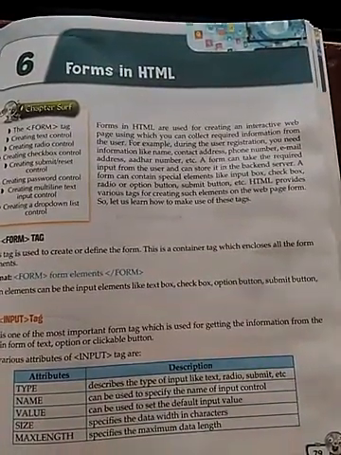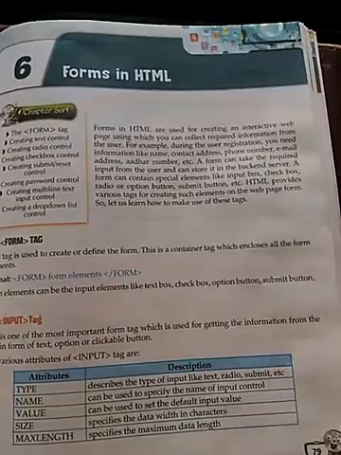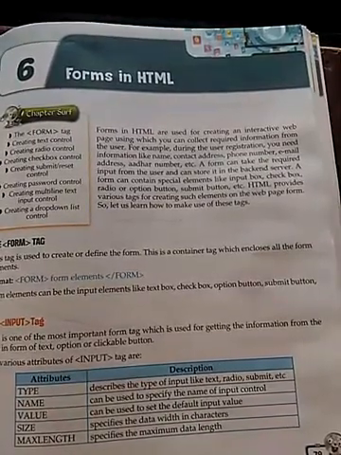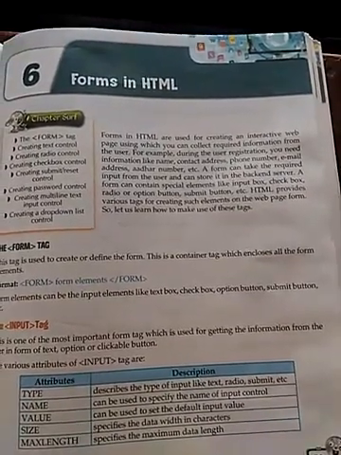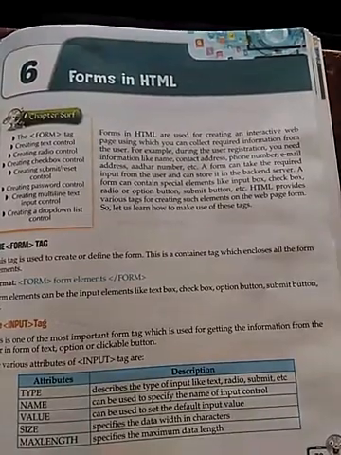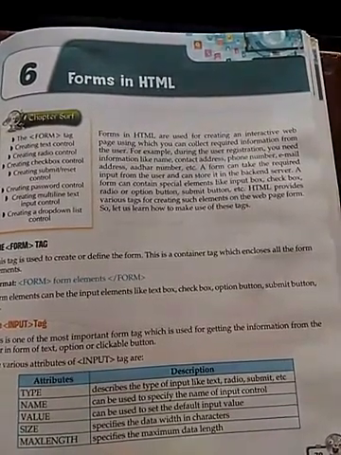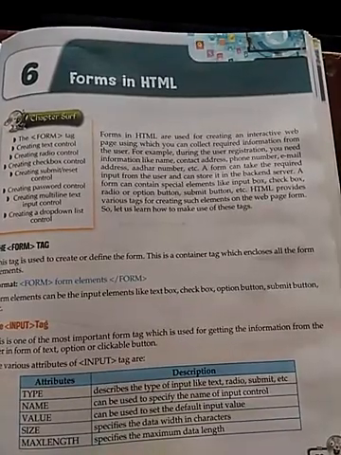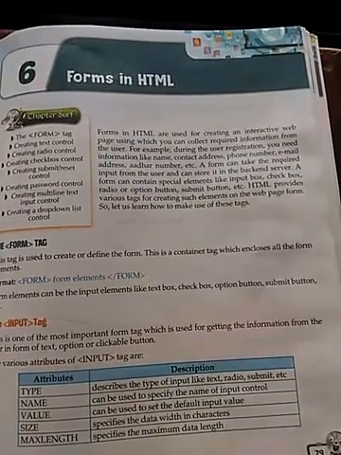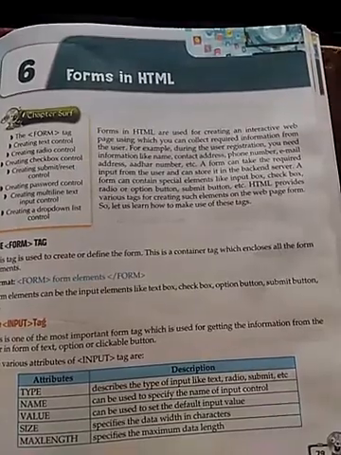In HTML, you can create a form with different elements such as checkbox, radio button, submit button, drop down list, etc. Actually, these are some common types of element which you generally see on a form.